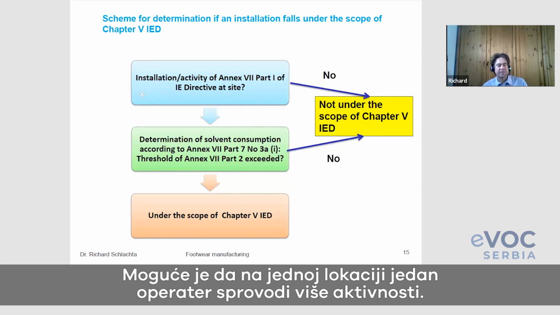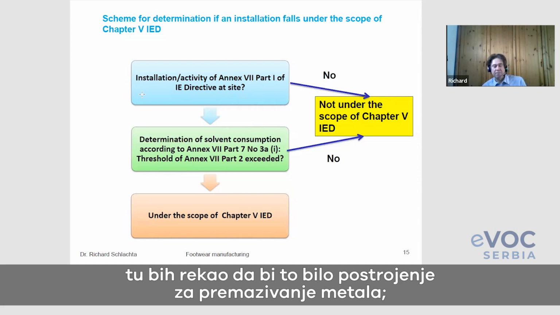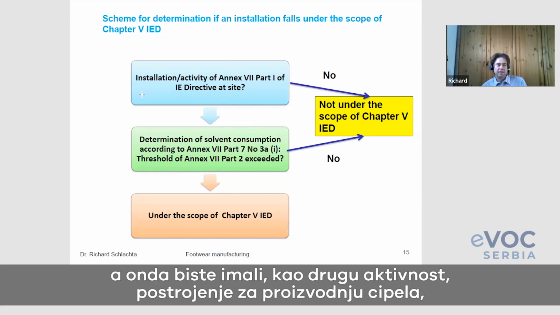It is possible that in one site several VOC activities can take place. You have seen already by producing the soles, I would say it would be a metal coating installation, and then you would have as another activity the shoe manufacturing installation.